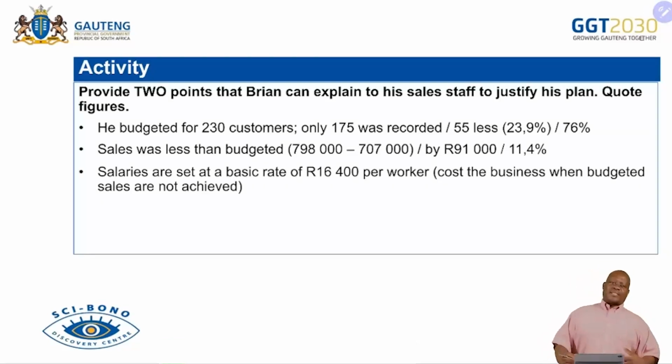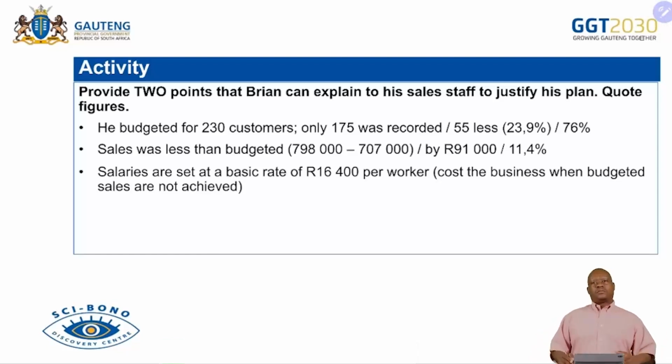Let's look into their salaries. They are earning a basic of 16,400 per worker. That is if we divide 84,000, which we are paying them per month, by the 5 sales employees, including the driver. Then it means one person is getting 16,400. Have they been paid a cent less because they have not achieved the required amount of sales?